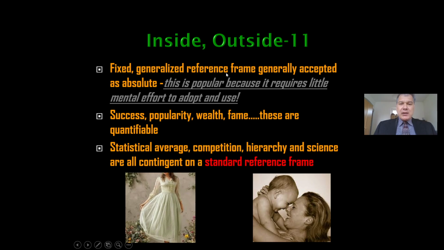So fake generalized reference frames, generally accepted as absolute, this is popular because it requires little mental effort. So you can take somebody else's interpretation, somebody else's concepts, somebody else's categories, and you adopt it and use it.